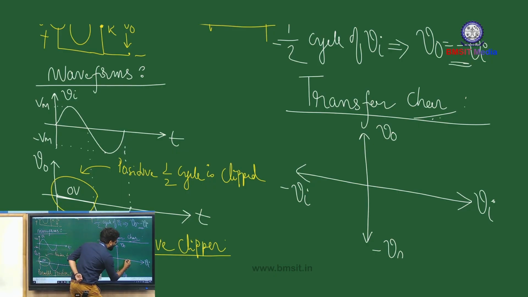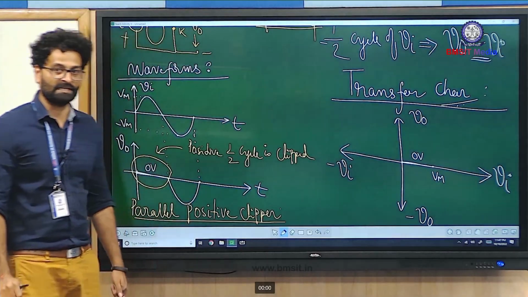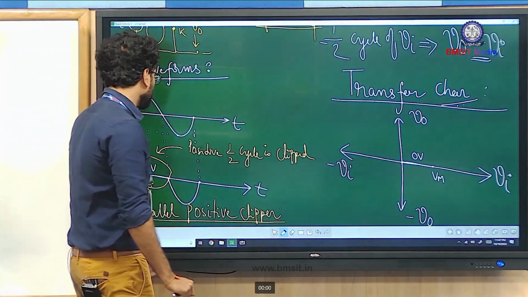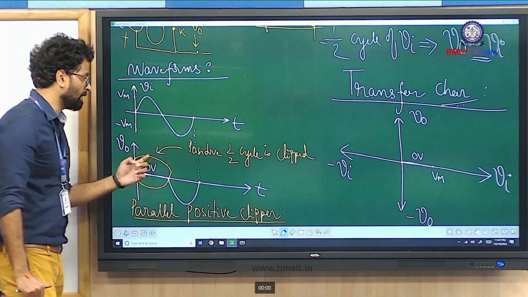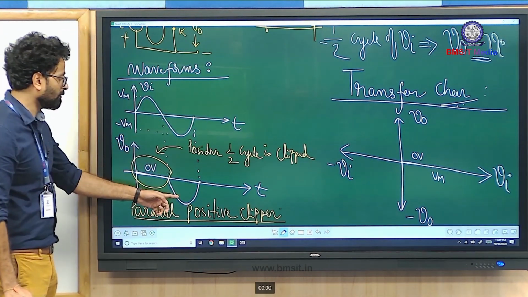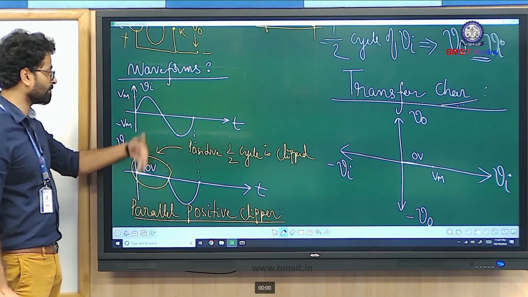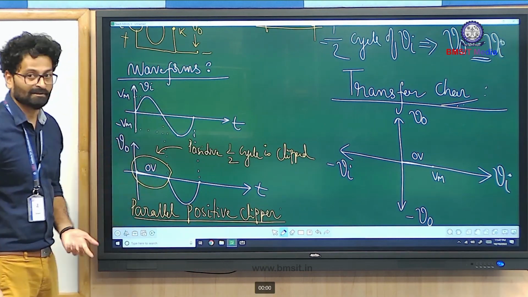That means to say, whatever may be the magnitude of the input, your output always stays at 0 volt level. That means the entire positive half cycle is clipped. On the other hand, if we visit the negative half cycle of the input, the output is equal to the replica of the negative half cycle of the input.